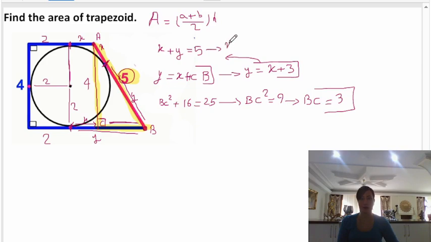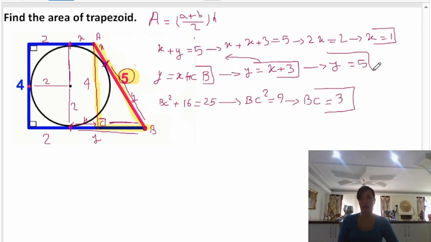So I say x plus, instead of y, x plus 3, equals 5. Bring 3 to the right side, 2x equals 2. So x equals 1. If x equals 1, then y equals 4.